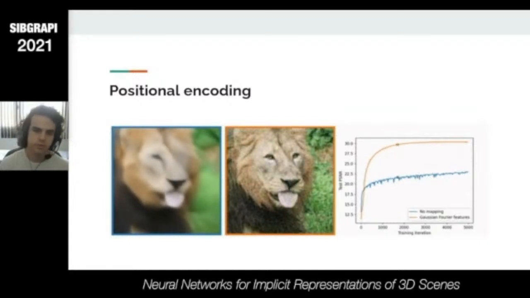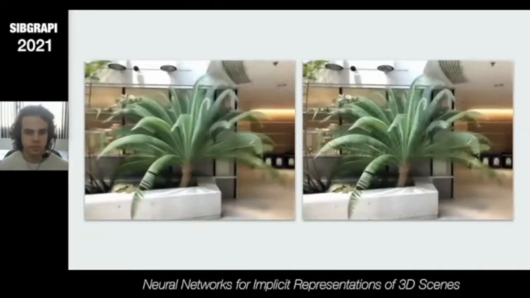Now, in terms of NeRFs, here we can see two examples of what happens when you don't use positional encoding versus when you do use it. On the left, we have this image of a fern where, even though this network has been trained for several dozen hours, it can't quite capture the high frequency details of the scene.